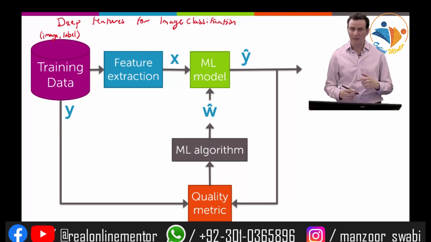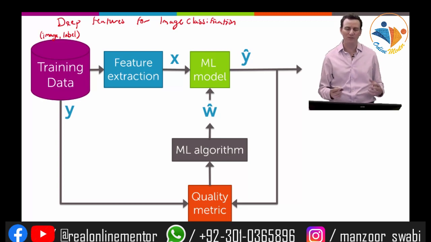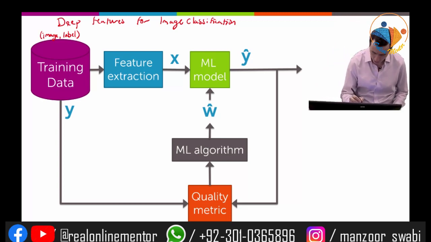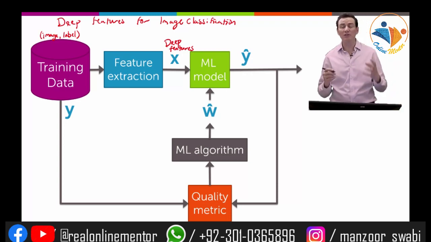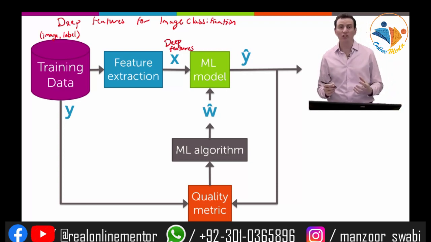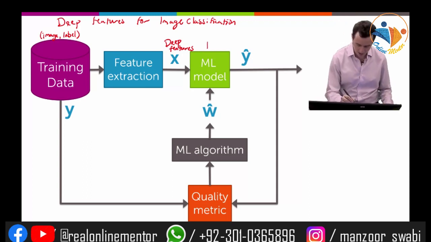And now we feed that through the feature extractor. And in this case, we're using a deep learning model as a feature extractor. So the output here are what we call the deep features for this particular image, for every image. And now we feed these images' representative features through a machine learning model, where we use a simple classifier like logistic regression in here.